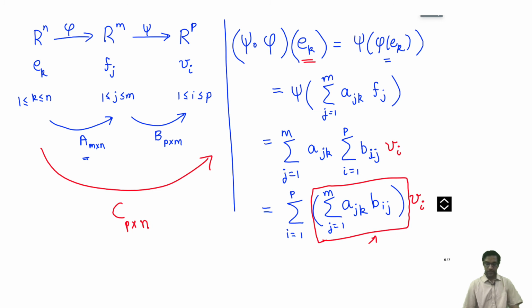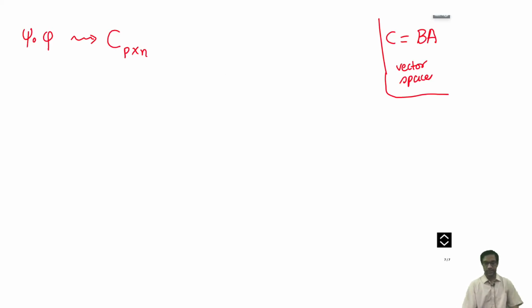But observe that our answer isn't quite that. If the ring were commutative, then of course you could change the order and rewrite this term as b_ij a_jk summed over j, and then it would exactly be the product of B and A. Now the trouble is that here, things don't commute.